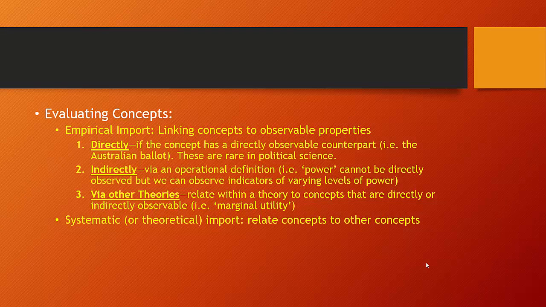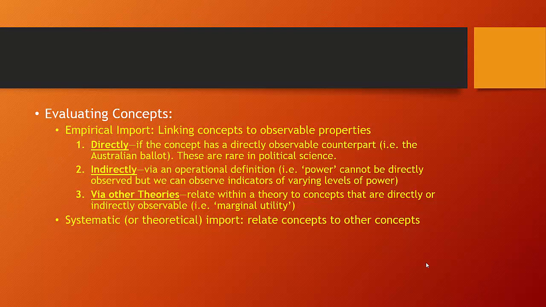Thirdly, we could examine a concept via its relationship within a theory to concepts that are directly or indirectly observable. Again, this is very rare in political science, but an example from economics, marginal utility, has to be observed given the observation of utility. So, empirical import can be observed directly, indirectly, or via its relationship to concepts that are directly or indirectly observable.